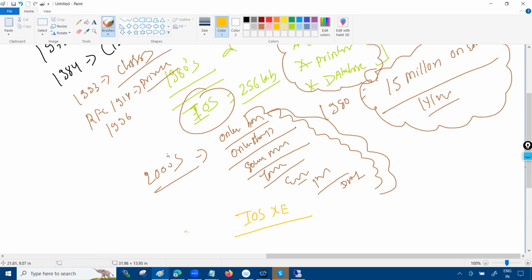In 2004, they came with the concept called iOS XE to support these services. But again, iOS XE has its own limitations. If I go into more depth, it can only provide memory protection.